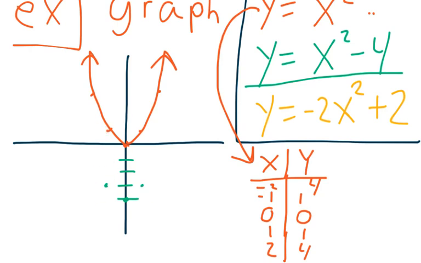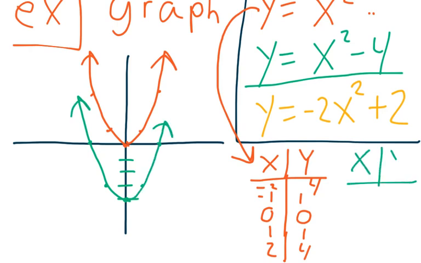You can't see it, of course, but then I move these points down by 4. So that one looks like this. Could also make a table for the green one and just make everything 4 less, like I'm doing here.